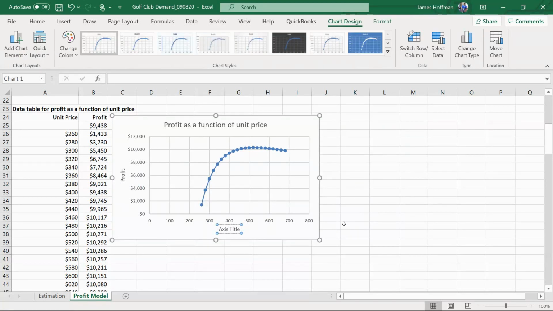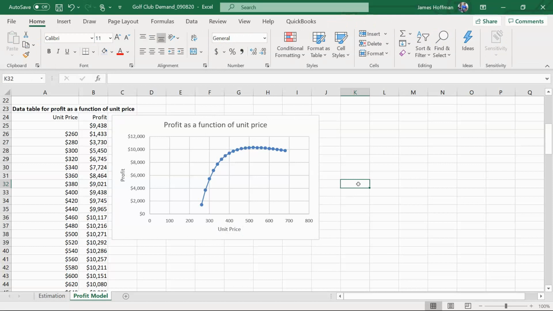And this is unit price. Okay. Yeah, that looks like a good picture of what happens when you change the unit price, what happens to profit?